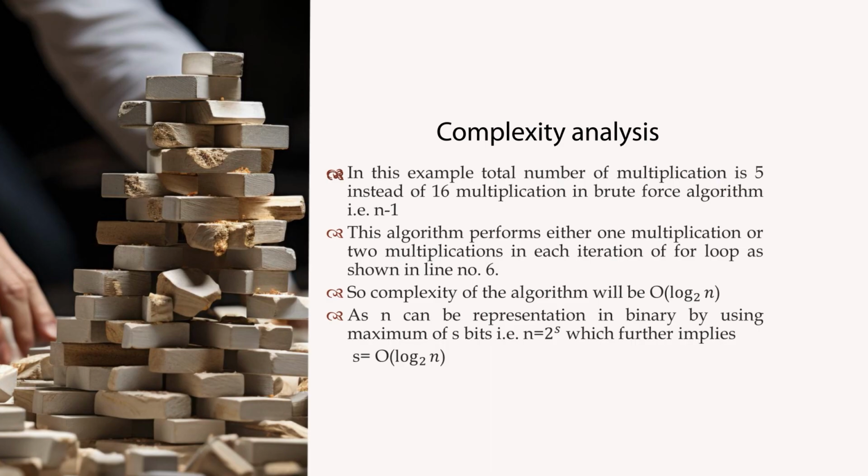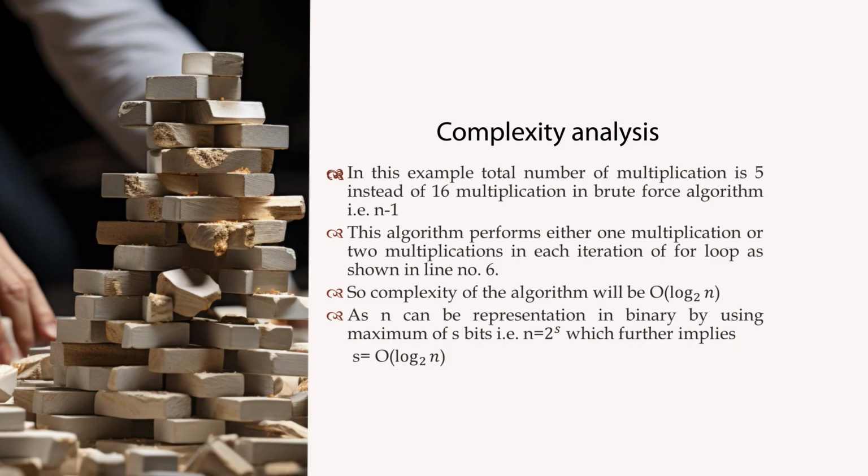In the brute force approach, to calculate a to the power 17 we have to multiply 16 times, that is n minus 1. This algorithm performs either one or two multiplications in each iteration of the for loop, as shown in line number 6. So the complexity of the algorithm will be log n base 2.